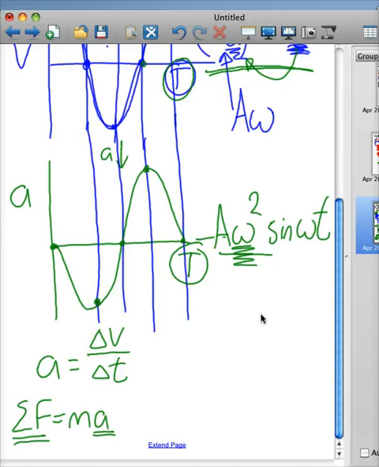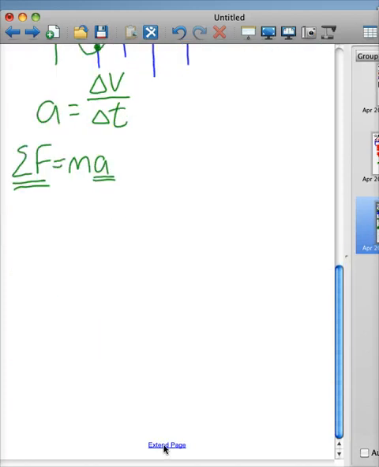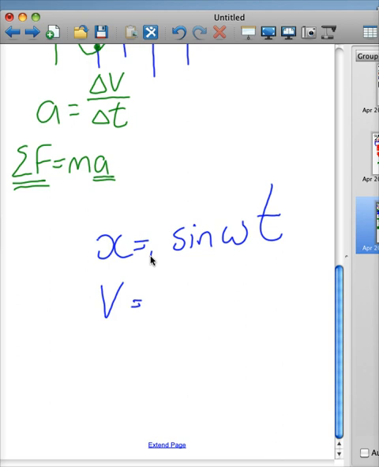This is what we end up with. X is equal to A sine omega t. Velocity is equal to, oops, we forgot the A. Velocity is A omega cosine omega t.